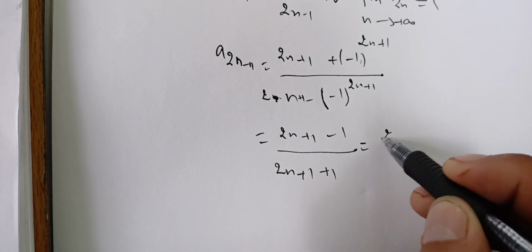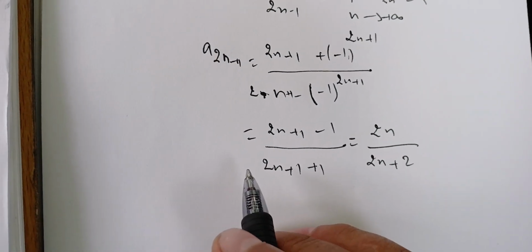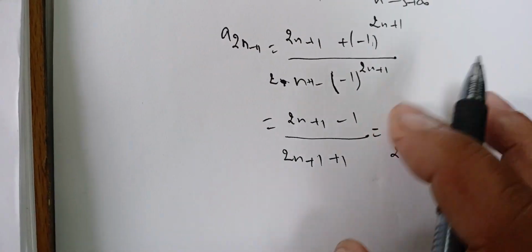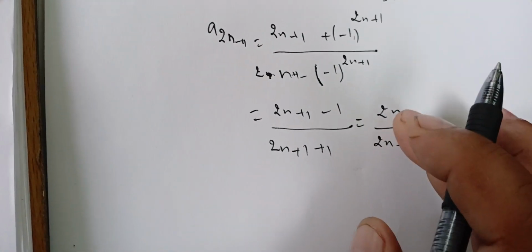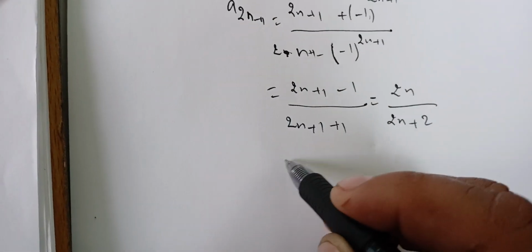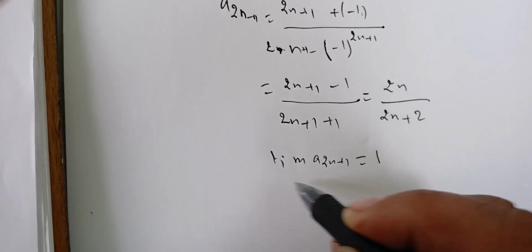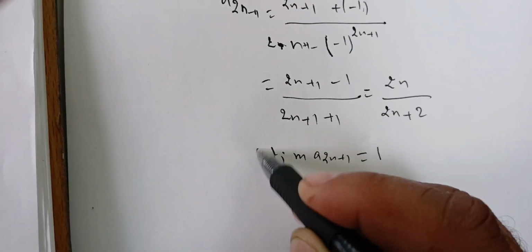So we have 2n over 2n + 2. The behavior of this is just like 2n over 2n, which is 1. Therefore the limit of a_{2n+1} is just 1 as n goes to infinity.